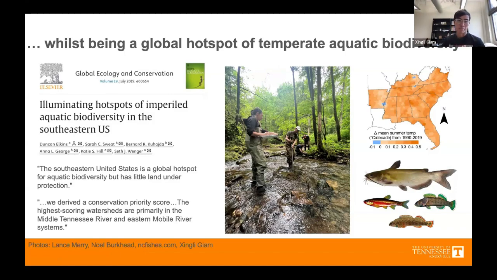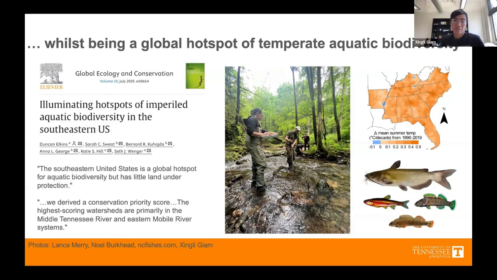So this paper by Dr. Duncan Elkins and his collaborators out at the University of Georgia and the Tennessee Aquarium, they did a mapping exercise of hotspots of threatened and endemic aquatic biodiversity in the US, and they concluded that the southeastern United States is not just a national or continental hotspot, but it is a global hotspot for aquatic biodiversity. But yet there is very little land here that is formally protected.